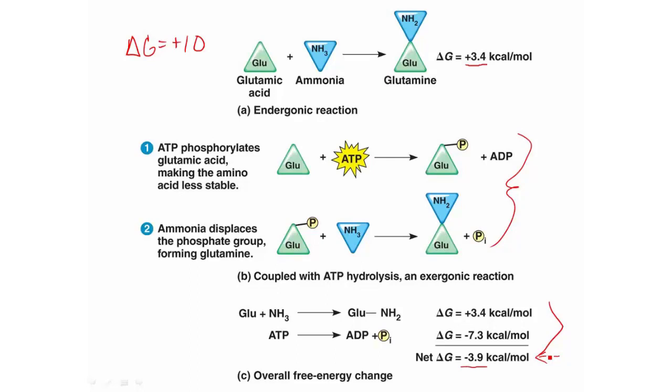So we really will use the 3.4 to run the endergonic reaction, and we won't be capable of capturing that 3.9. So it's going to be lost pretty quickly, usually in the form of heat from the cell. So we don't really want to use a molecule that has tons of energy inside of it, because if we did use those molecules, we would be losing even more energy as heat.